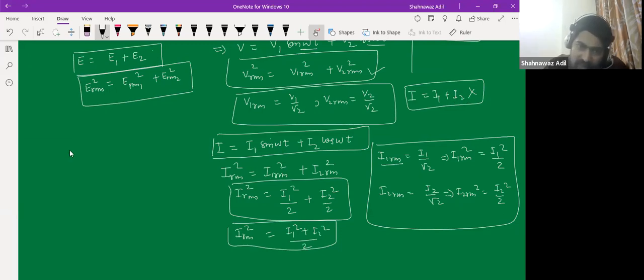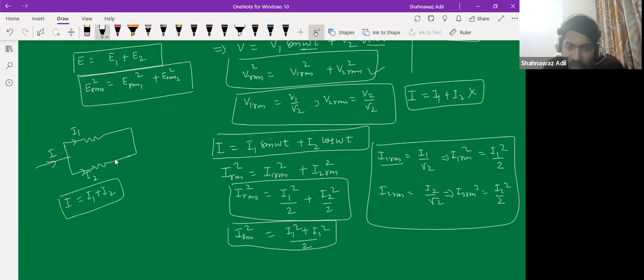If you have two circuits, and current is flowing, then I1 goes here and I2 goes here, so in this case you can write I1 plus I2 from junction. But when you have this inductor and this resistor, then you cannot add up like this. Then you have to add up like this.